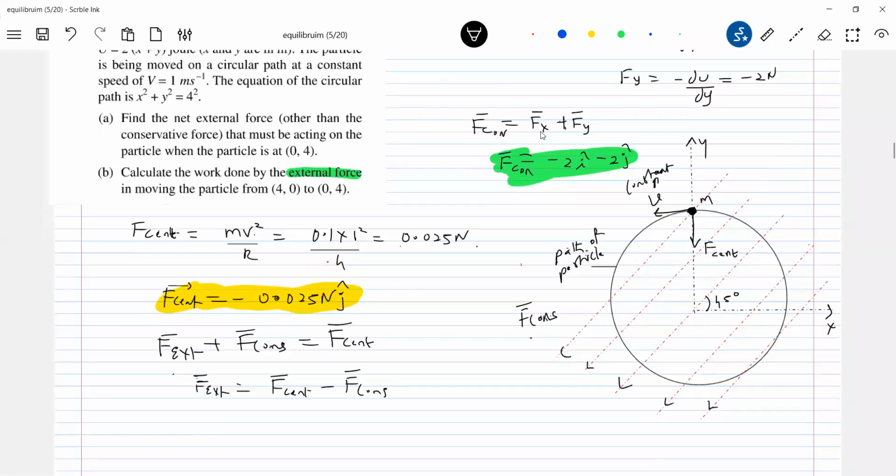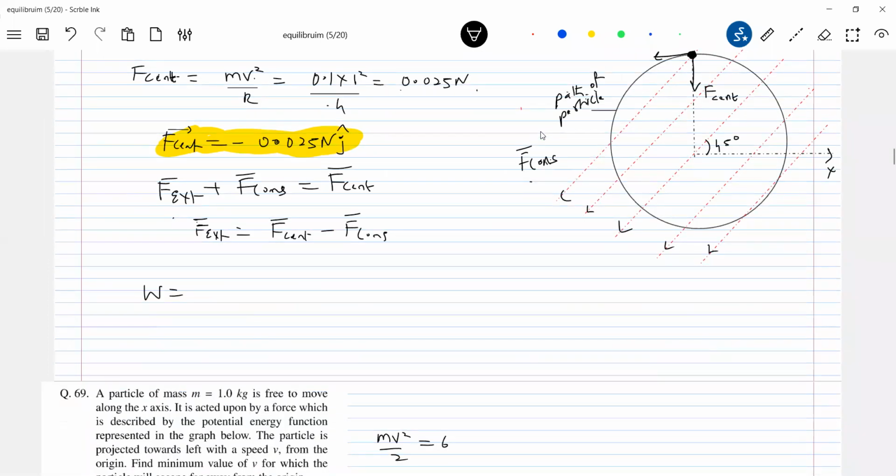By the work-energy theorem, work done by the external agent should be equal to the change in mechanical energy. What is the change in mechanical energy? UF plus KF minus UI plus KI. Kinetic energy is constant because it's a constant speed. So UF plus 0, UI plus 0, therefore it is equal to UF minus UI.